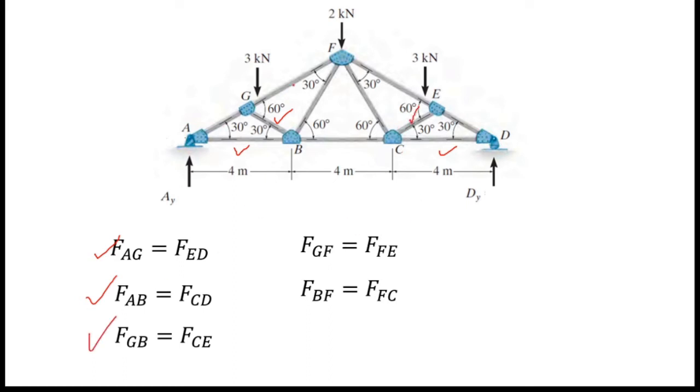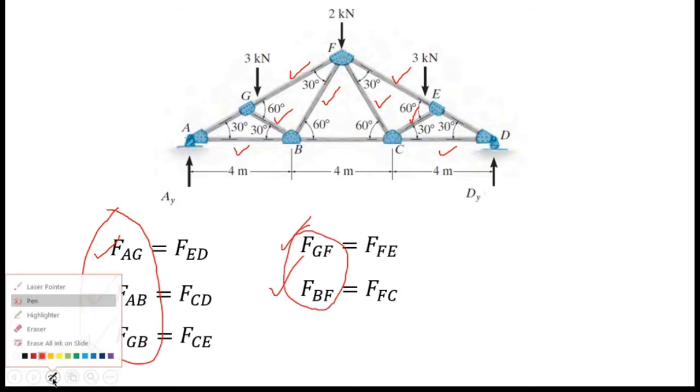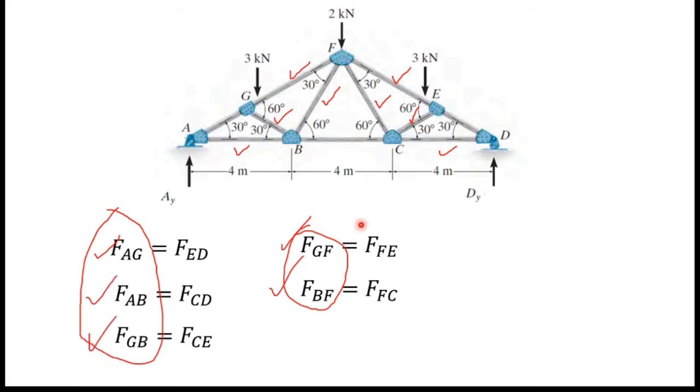Member force of GF equals member force of FE. And finally, member force of FB equals member force of FC. So that means we just have to find these 3 values, and these 2 values. Okay, now we will see how to apply method of joints for this problem.